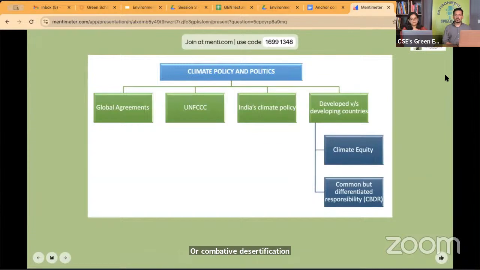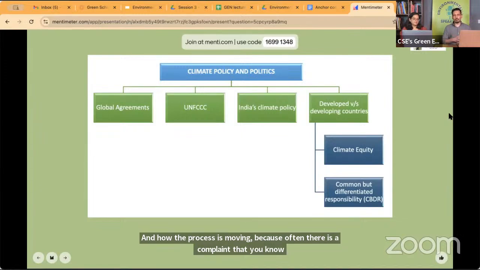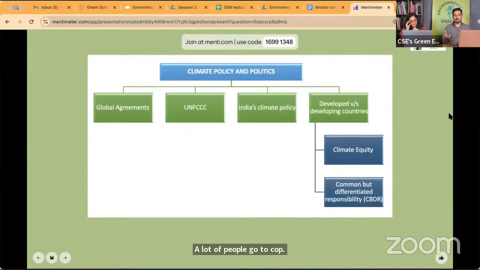And I think that helps to situate what action different countries are taking and what actions our national government is taking, and how the process is moving, because often there is a complaint that a lot of people go to COP, people talk a lot but nothing moves. Actually, things move, but the noise around that is so much that it is difficult to take away the important steps that have been taken.